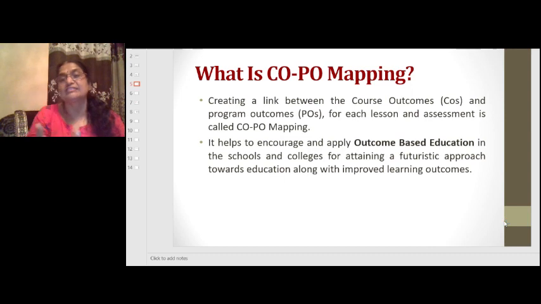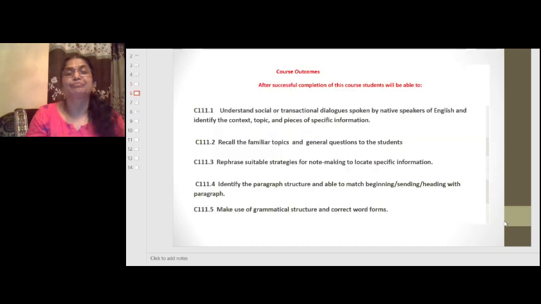So for each lesson and assessment, you have to map with the POs. It helps to encourage and apply outcome-based education in the schools and colleges for attaining a futuristic approach towards education along with improved learning outcomes.